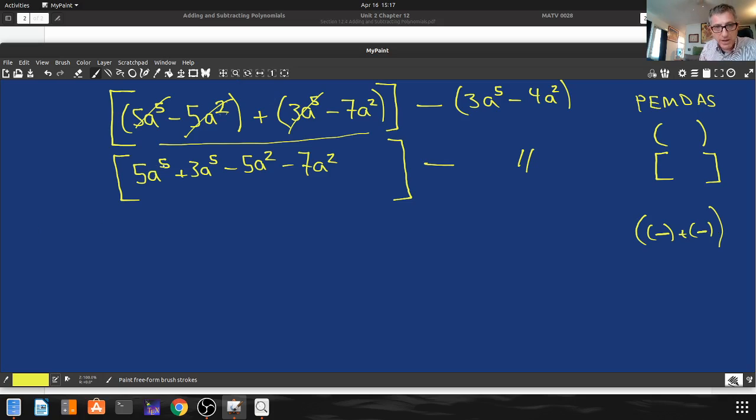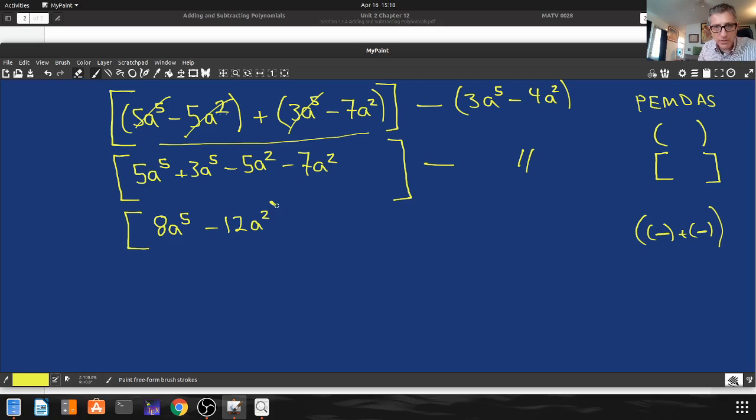So let's simplify this part. So this is going to be 5a to the 5th plus 3a to the 5th is 8a to the 5th, minus 5a squared minus 7a squared is minus 12a squared. See, I actually just wanted to write a parentheses rather than a bracket.